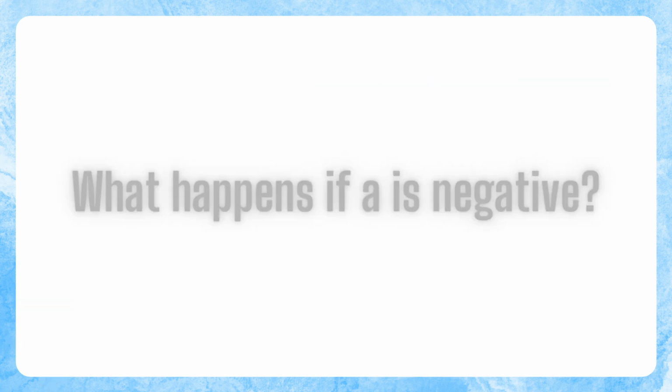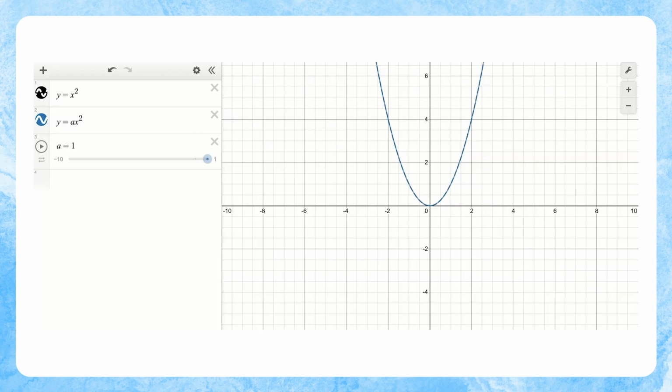I have another question about a. What happens if a is negative? What happens to our graph? So on Desmos, let's take a look at what happens as a becomes negative. Notice how the parabola flipped over.